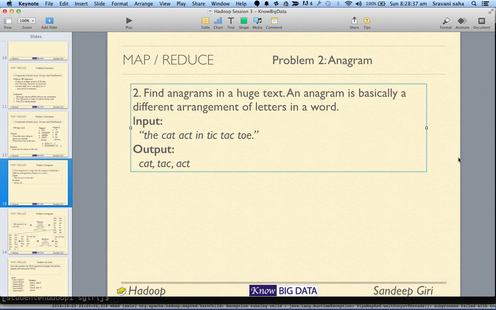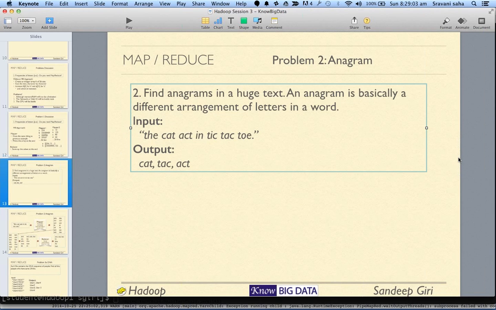And Amar's point is that anagram words should have the same key. So if you can figure out a key for a word, when your mapper should give out the key and the value as the word, the key is something which should be common for all the anagrams of this word.